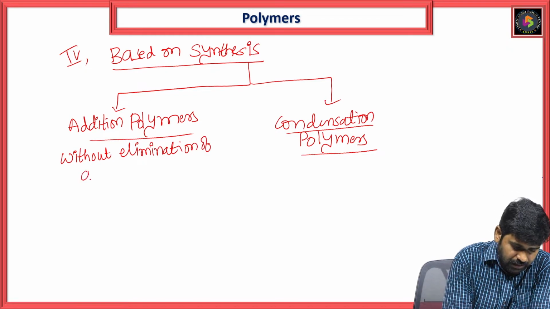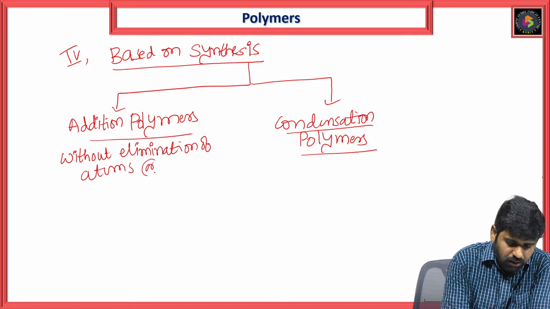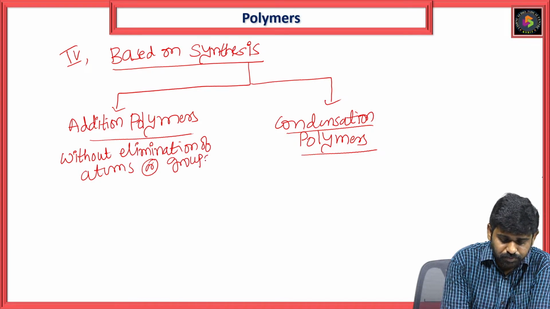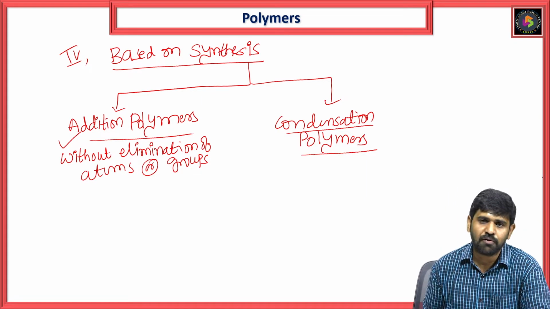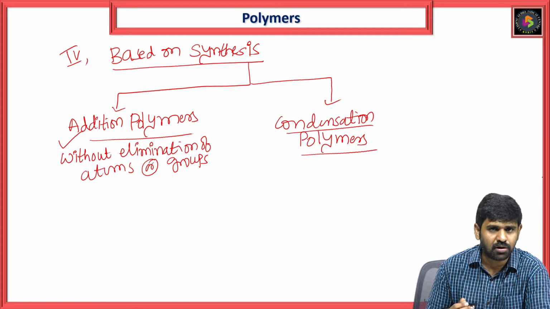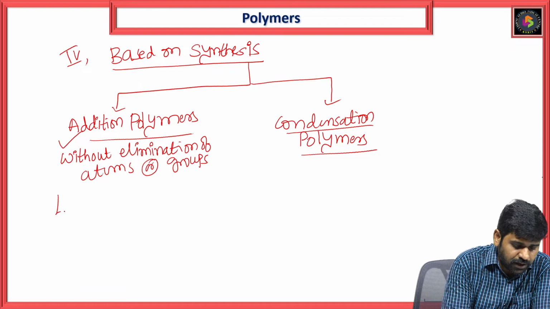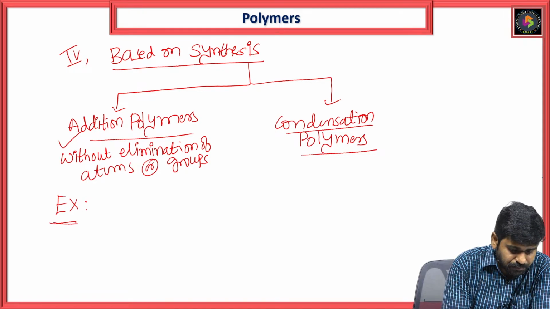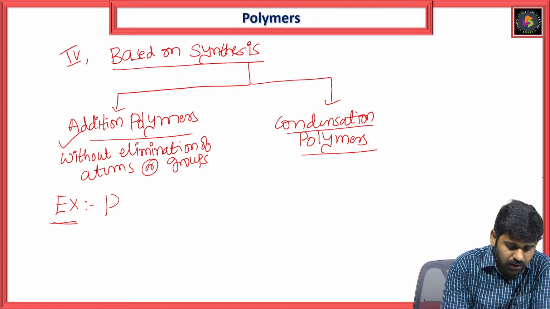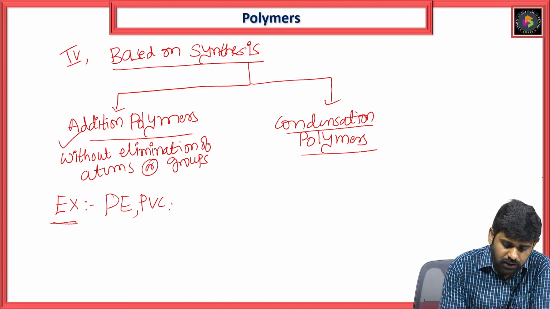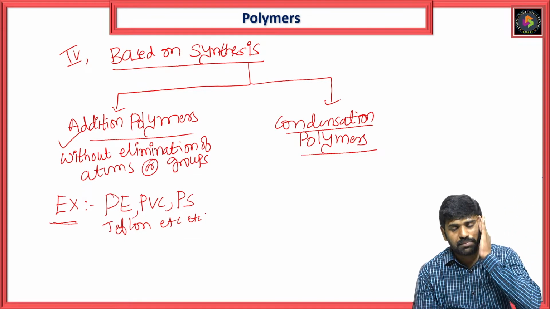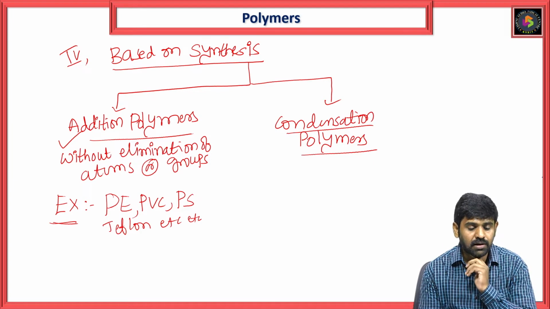The examples of addition polymers are polythene, polyvinyl chloride (PVC), polystyrene, Teflon, etc. So PVC, PE, PS and Teflon come under addition, right?